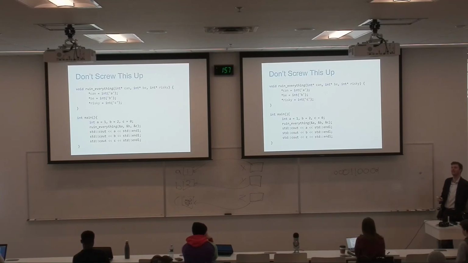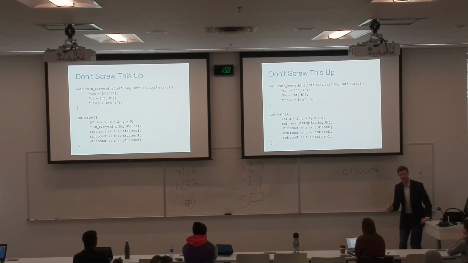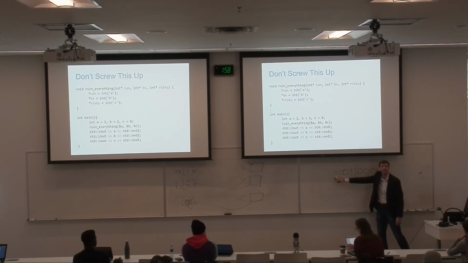That's the integer 97. That series of zeros and ones also means the character A, lowercase a. It means the same thing. What matters is how the computer is decoding this information. This is what we call an encoding.